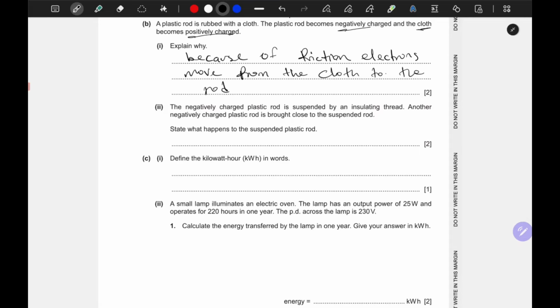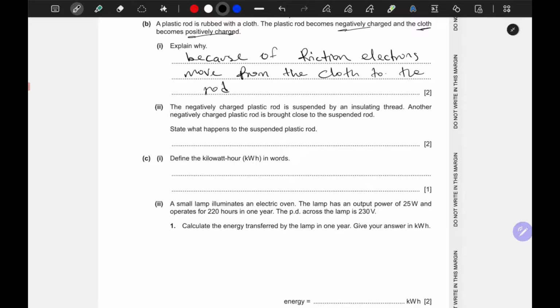The negatively charged plastic rod is suspended by an insulating thread. Another negatively charged plastic rod is brought close to the suspended rod. State what happens to the suspended plastic rod. Okay, we should try to understand this.